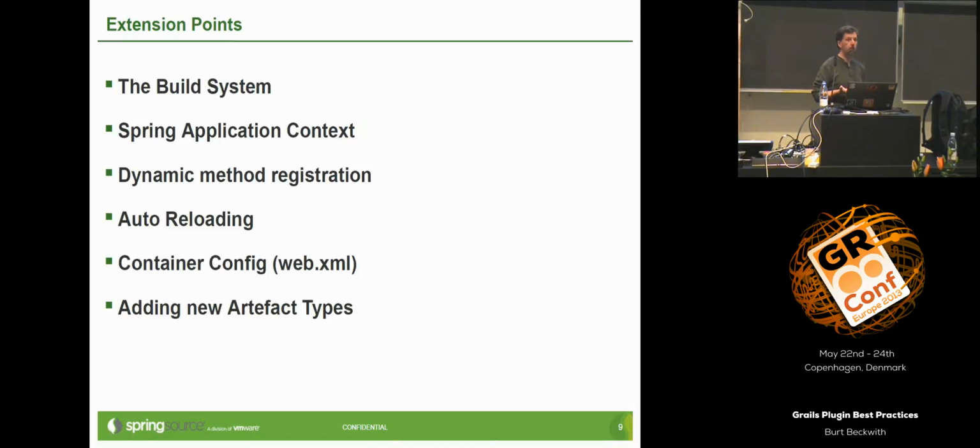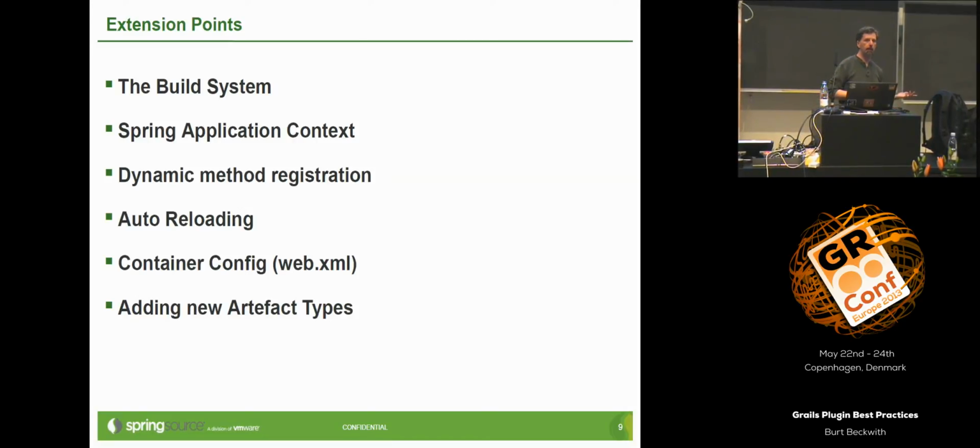So there are these extension points. A plugin usually adds in some behavior, right? So what do you add? You add to the build system. You add in scripts. If you look at the database refactoring plugin, that adds in like 30 scripts, right?